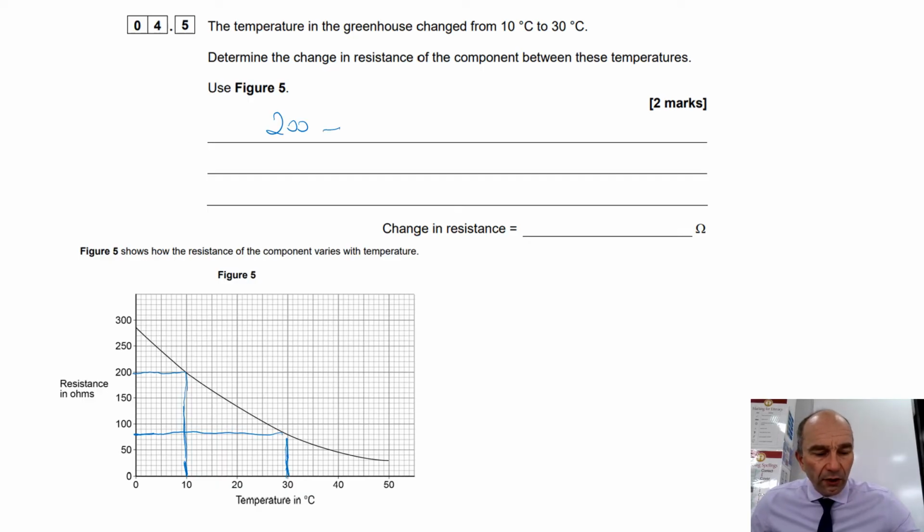We need to look at the change in resistance. Well, the change is going from 200 down to 80, so the difference is 120 ohms. So take the 80 from the 200, there's our change in resistance. 2 marks: 1 mark really for getting the data accurately off the graph, 2nd mark for actually getting the correct answer on that one.